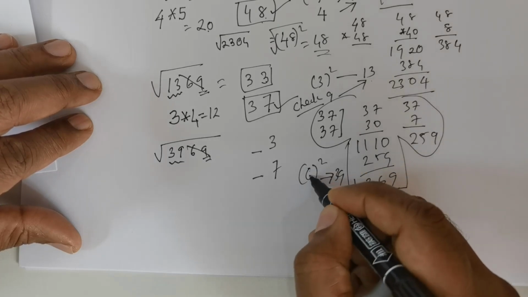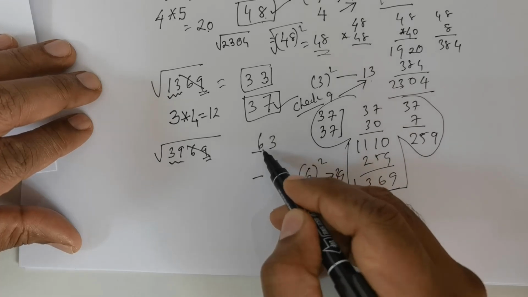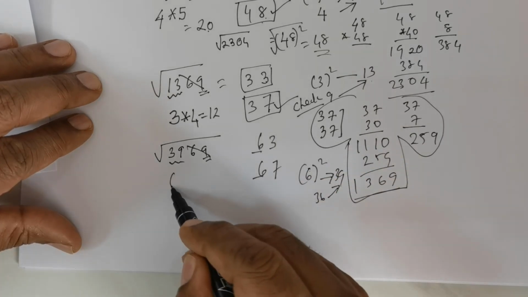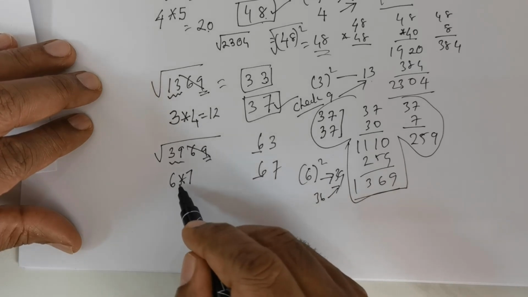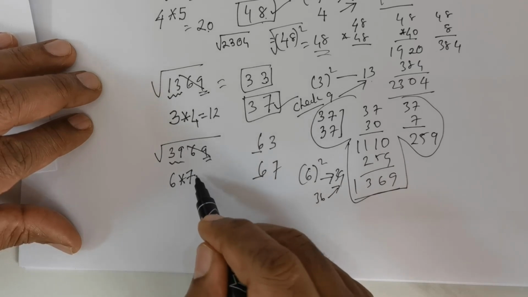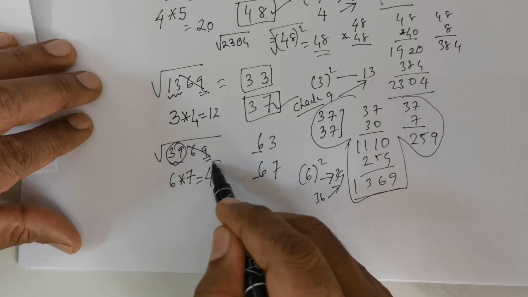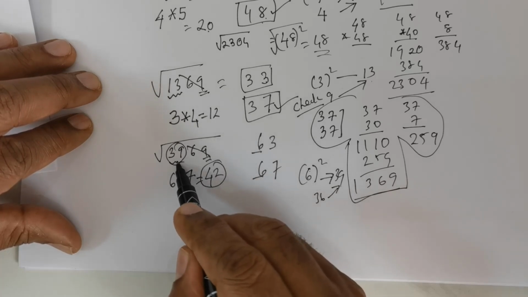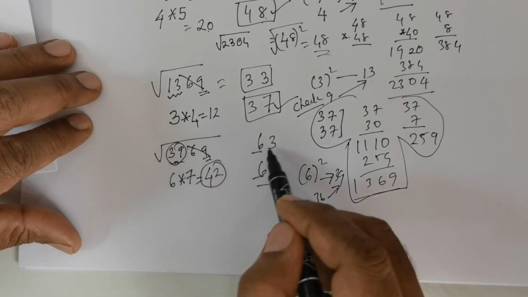I don't want it. 6 squared gives me 36, which is closer to 39. So you can place a 6 and a 6. But you will have to make the choice. For that you choose the number which comes next to 6. In this case 7. 6 times 7 is 42. Of these two numbers, which one is greater? If this is greater, then we choose the bigger number. If this isn't, then we choose this.